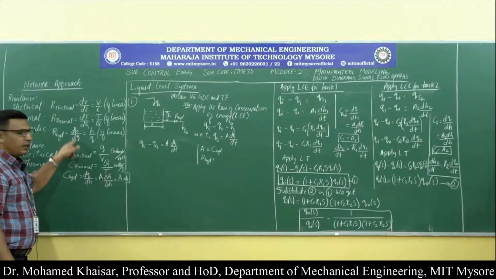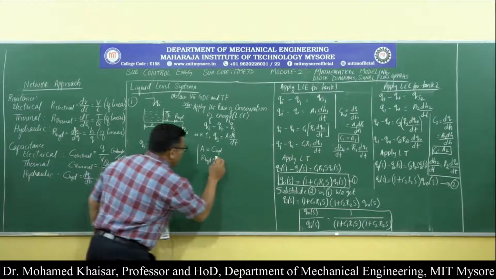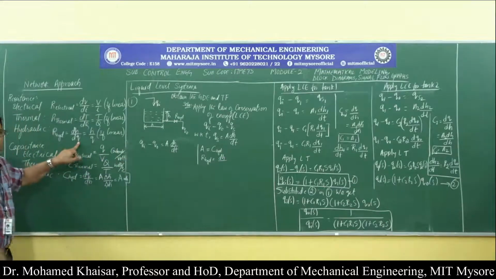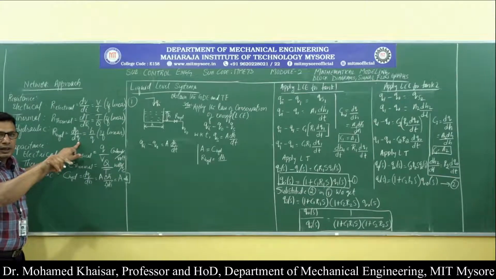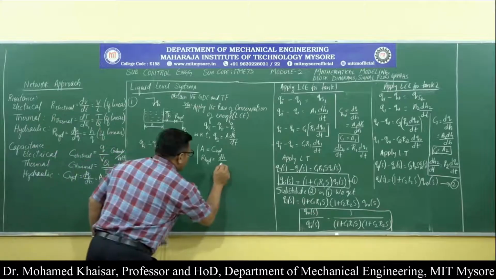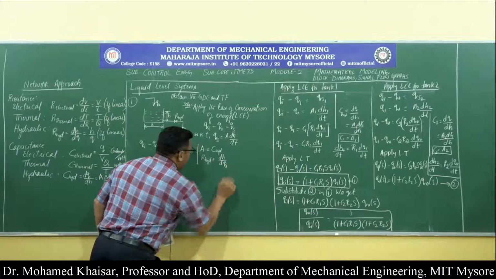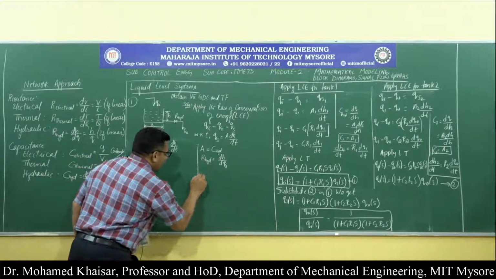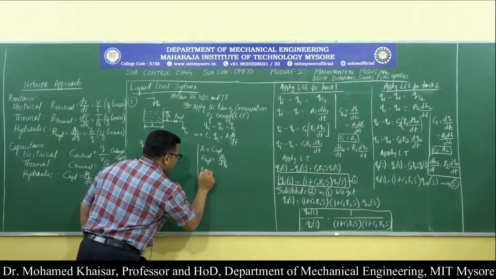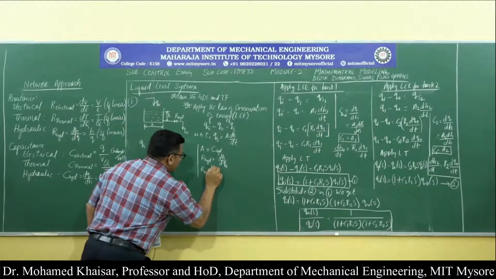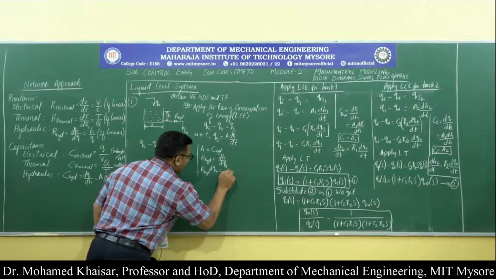That is why we will apply dH by dQ straight away. So R hydraulic is equal to dH by dQ, and dQ is nothing but the outflow, so we consider it as dQ naught.